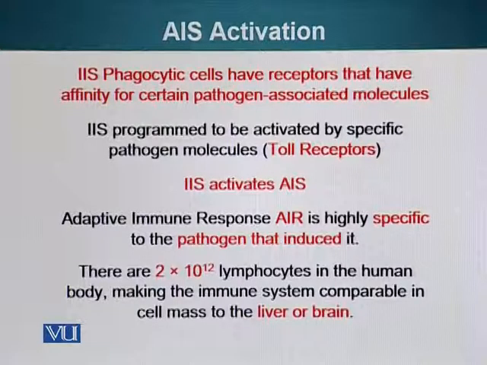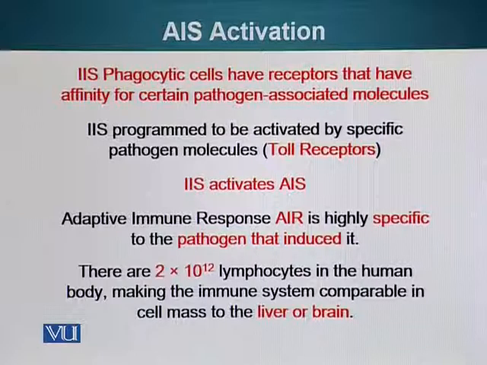All adaptive immune responses have to be activated by innate immune responses. I'll show you that. Innate immune responses involve activation of phagocytic cells that have receptors with affinity for pathogen-associated molecules. These special receptors I mentioned earlier are evolutionarily very primitive, and are called the toll receptors.